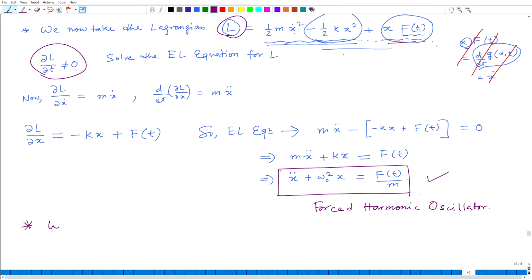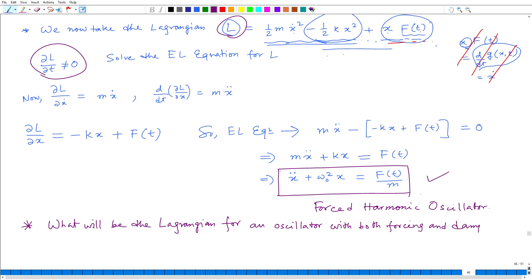Exercise for you: what will be the Lagrangian for an oscillator with both forcing and damping, so that the final equation of dynamics becomes x double dot plus 2 lambda x dot plus omega 0 square x is equal to some f(t) by m. Can you do that?